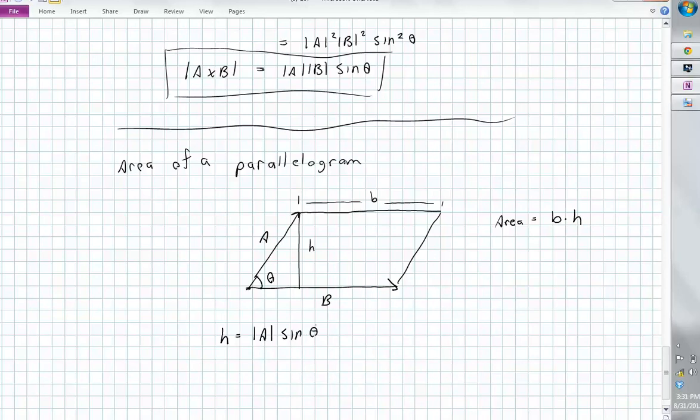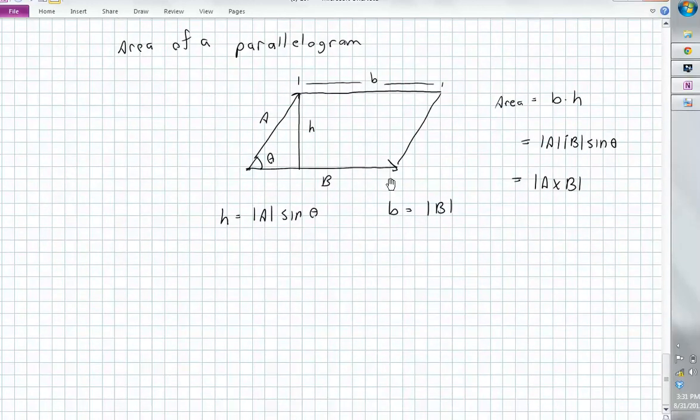Little b is just the magnitude of big B. So we get the magnitude of A times the magnitude of B times the sine of theta, which is the magnitude of A cross B. So the area of a parallelogram is just the magnitude of the cross product of the side vectors, A cross B. And we will use this, like I said, about the 10th or 11th week.